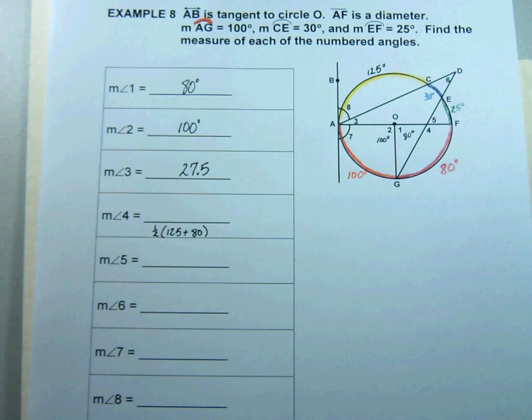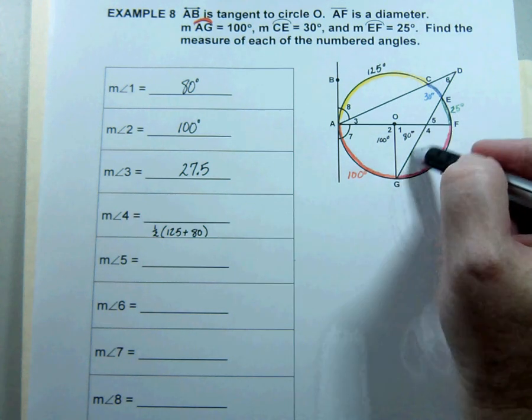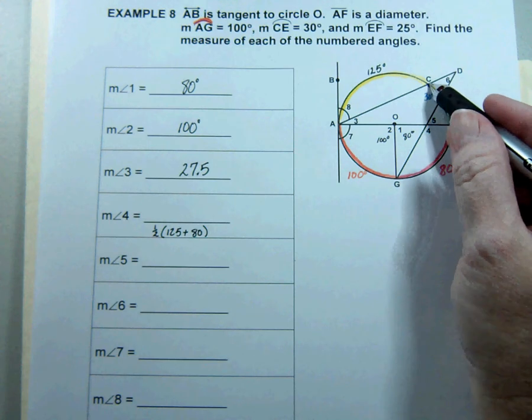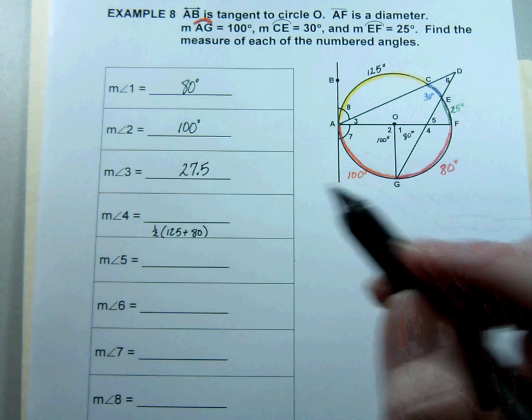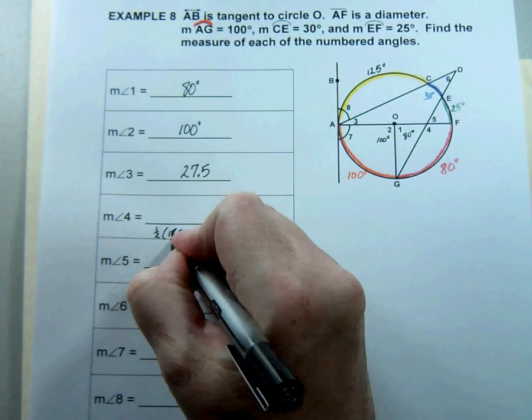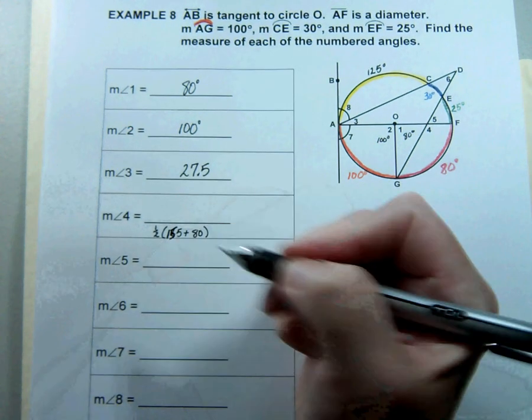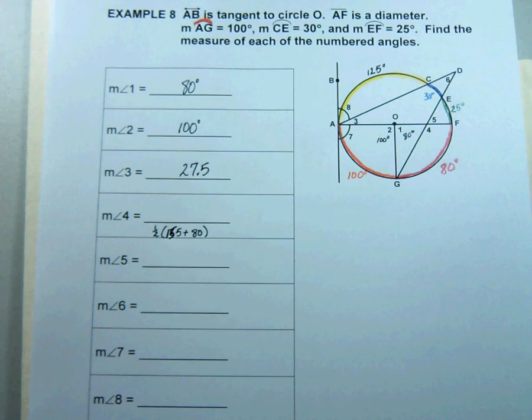Oh, you know what? It's not 125. Look where angle 4 hits. Angle 4 is using the little piece that's blue and the 125. So that's actually 155. Change that to 155. That's a 5. 155 plus 80. Let's try that. 155 plus 80.